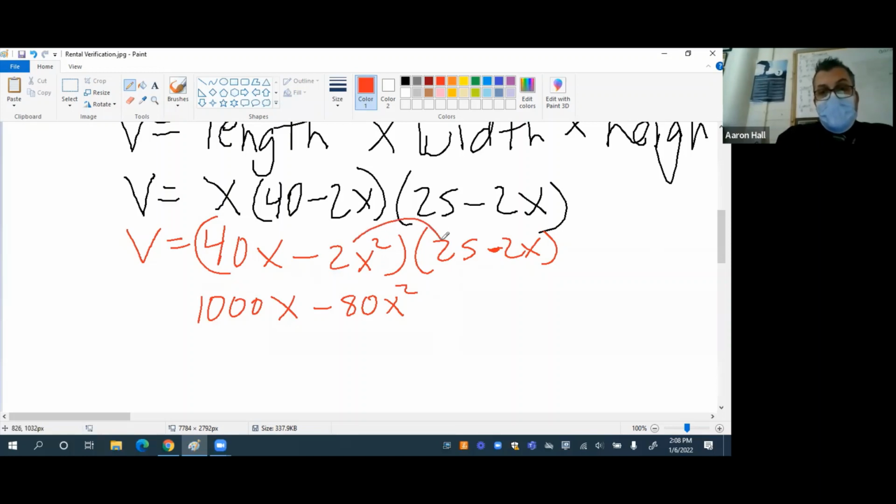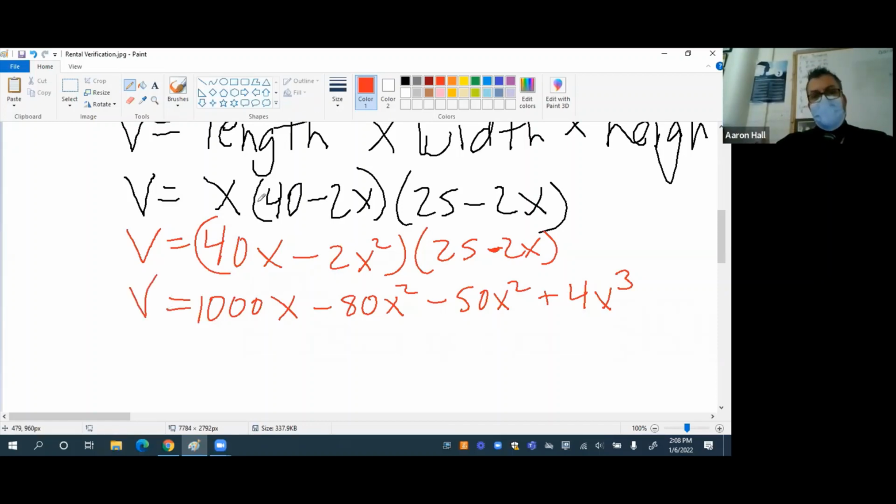Now I distribute here and here. What's negative 2x squared times 25? Okay, and then distribute here. Negative times a negative is a positive, positive 4x cubed. And that equals my volume. Right, now what?